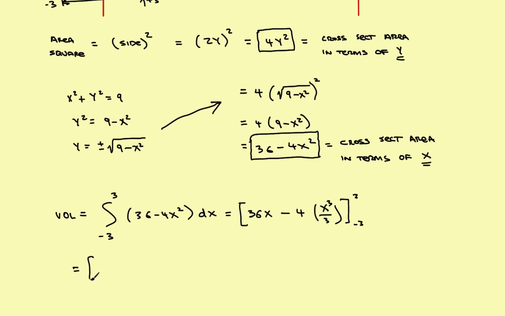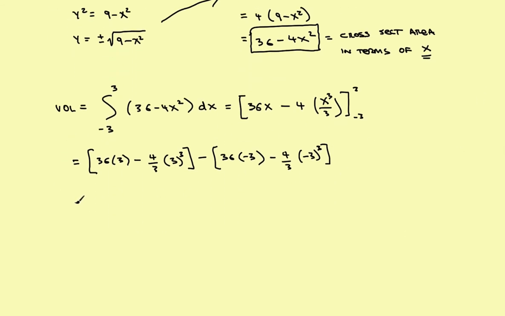So we'll run through that real quick. And that's just a matter of, first of all, plug in the top 3. So we'd have 36 times 3 minus, and we'll go ahead and put the 4/3 together. And then 3 cubed. Then minus, and now plug in the negative 3. So 36 times a negative 3 minus 4/3 times a negative 3 cubed.